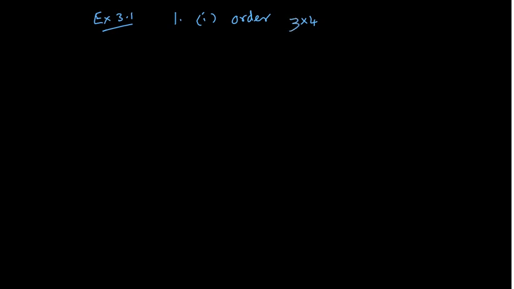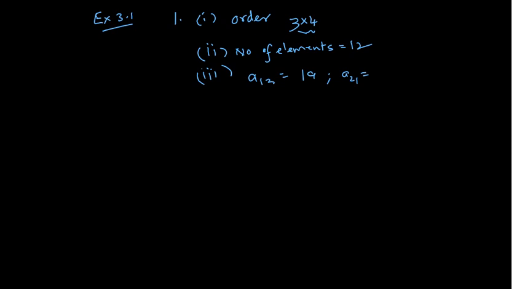Third one, write the elements A13, A21. So he is asking A13: first row, third column, 19. Can you tell me the next one, A21? 35.